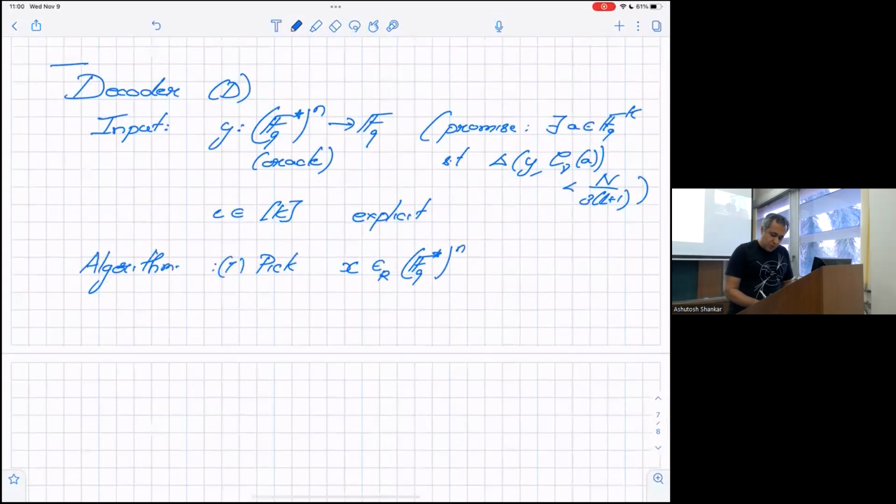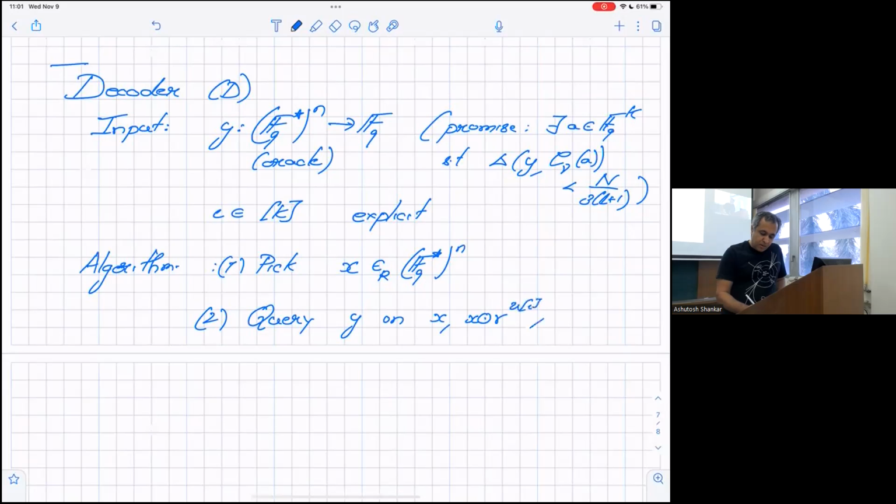The first step: query y on x·u_i, x·γ u_i, x·γ^2 u_i, all the way up to x·γ^L u_i.